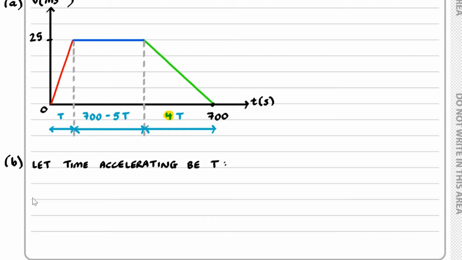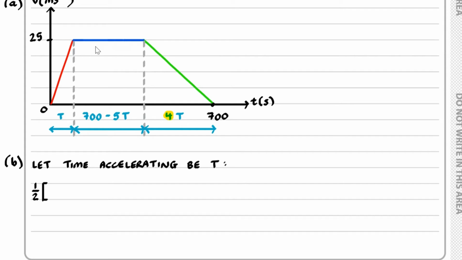So we have 1/2 multiplied by, well, to work out the area of a trapezium, we've got 1/2 times the sum of the two parallel sides.